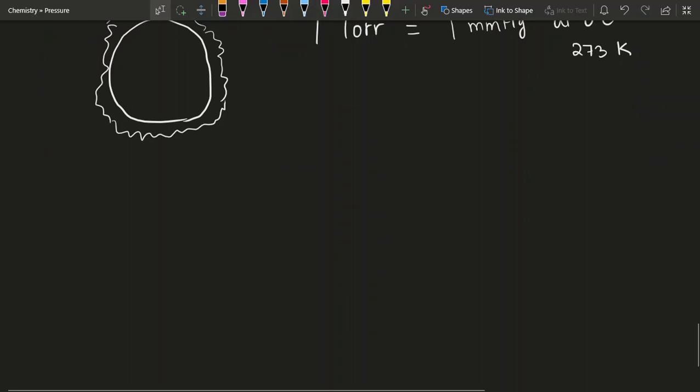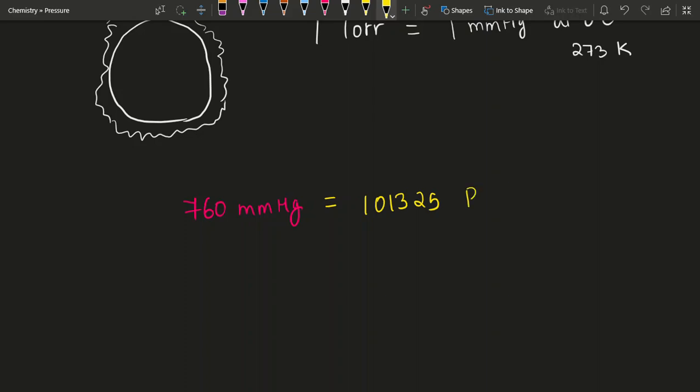When you convert it into SI units, you get the following conversion: 760 mmHg, or roughly the atmospheric pressure applied by the atmosphere near sea level, is equivalent to a pressure of 101325 pascals. And if we write that in scientific notation, that would be roughly 1.013 into 10 to the power 5 pascals.